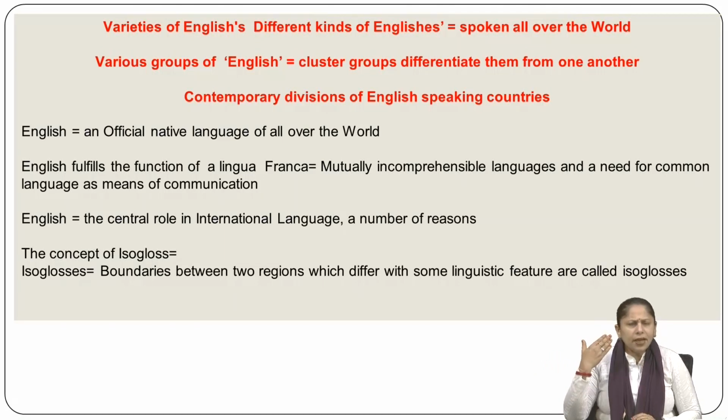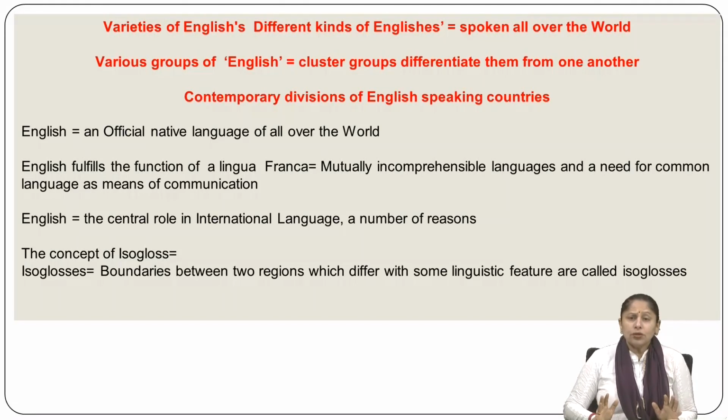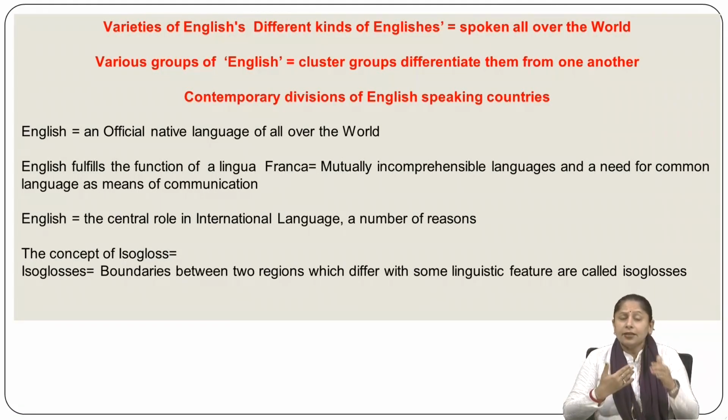There are many reasons you can go deeper and read about why English has become an international language. But the question here is not why English is an international language. Our focus is on which kinds of varieties of English the learners of English will come across. That is actually the focus of this topic.